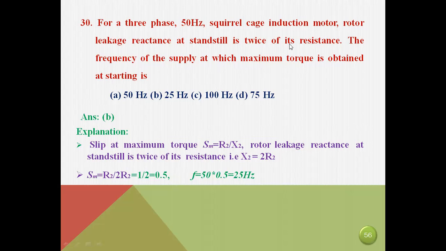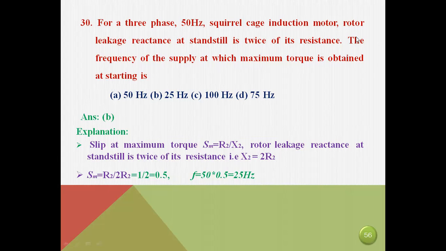So if we take the resistance as R2, then X2 will be twice R2. Maximum slip equals R2 upon X2; in place of X2 you can write 2R2. R2 gets cancelled, 1 by 2, so maximum slip is 0.5.